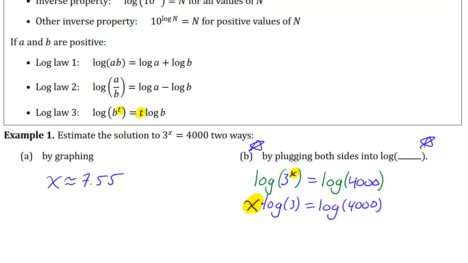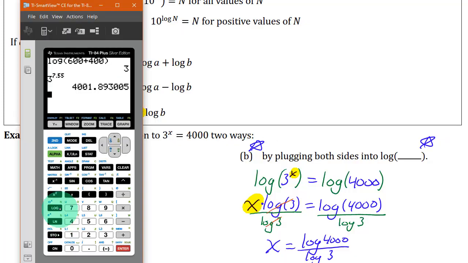And that multiplication now you can cancel out by dividing both sides by that number log of 3. And that just gives you x equals log of 4,000 divided by log of 3, which you can get with a calculator.